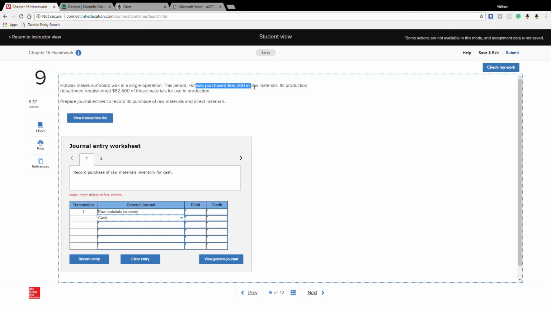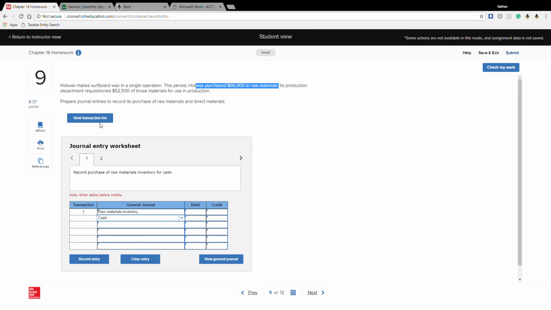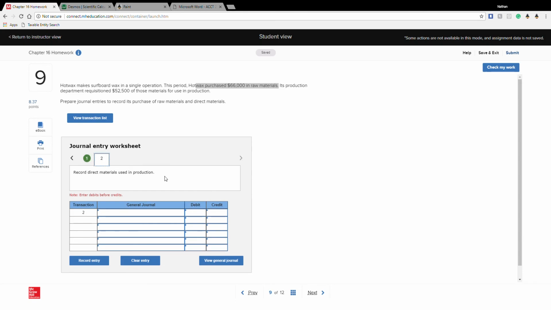Here it says 66,000 raw materials, and then the production department requisition is about 52,500. So we have 66,000 and 66,000. Again, you can hit check my work as you go through, or you can just wait till the end and then make sure everything's okay.